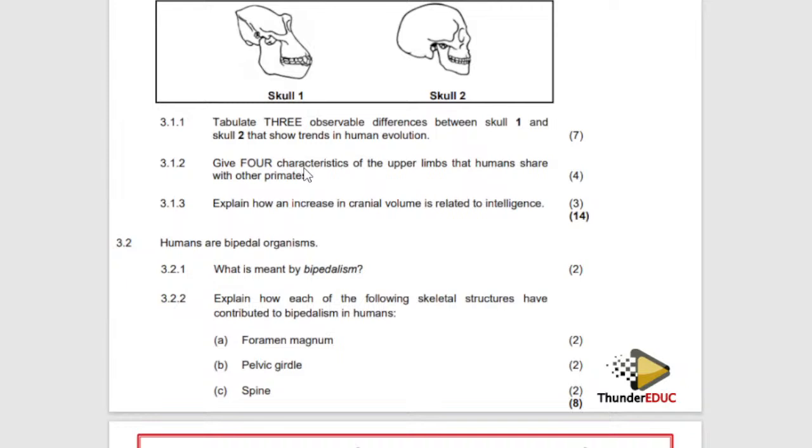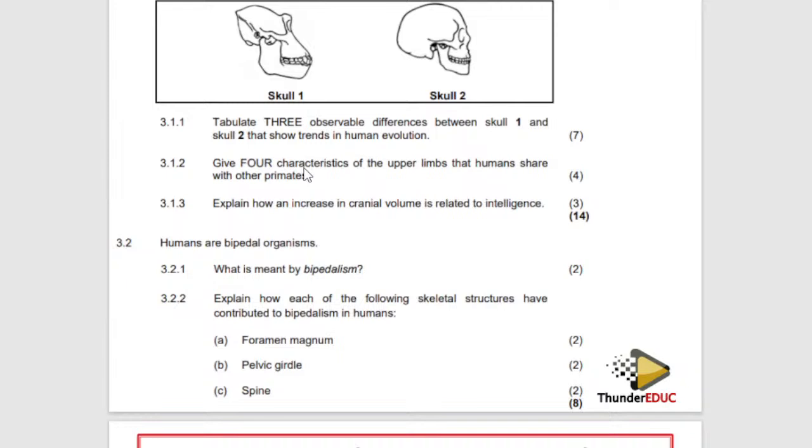What about skull 2? Guys, what do you think is skull 2?